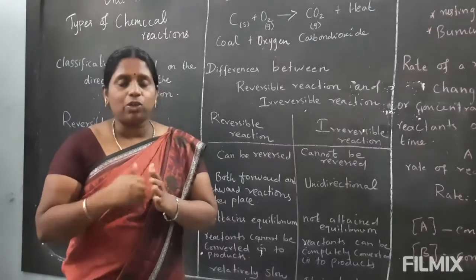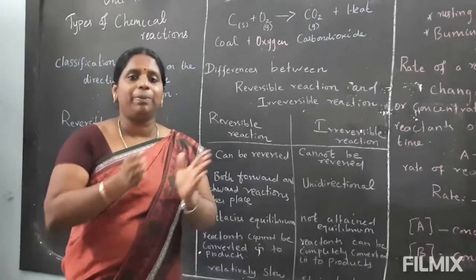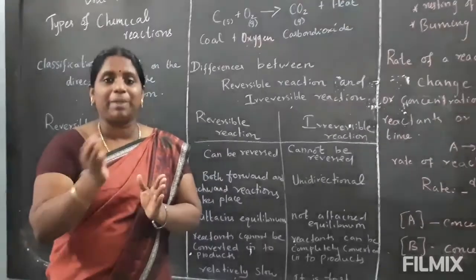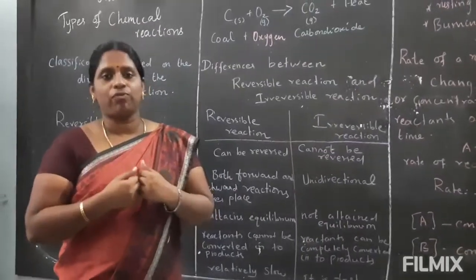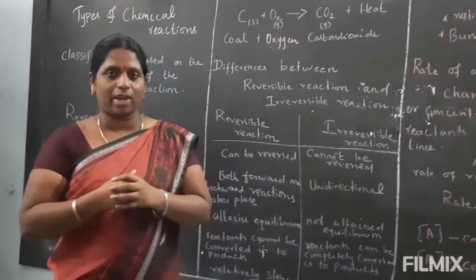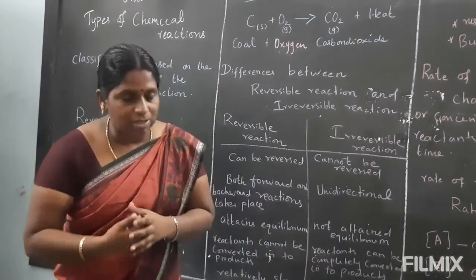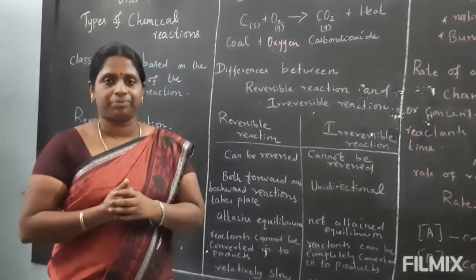But in chemical reactions, most of the reactions cannot be reversed. Only very few reactions can be reversed. So let us see the types of chemical reactions based on the direction. One is the reversible reaction and another is the irreversible reaction.